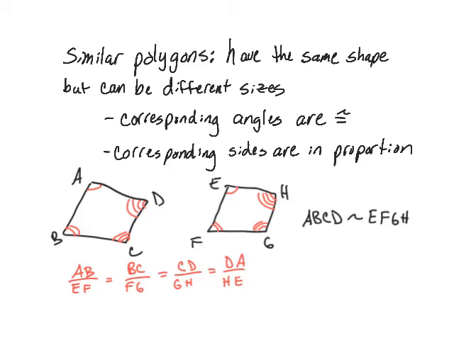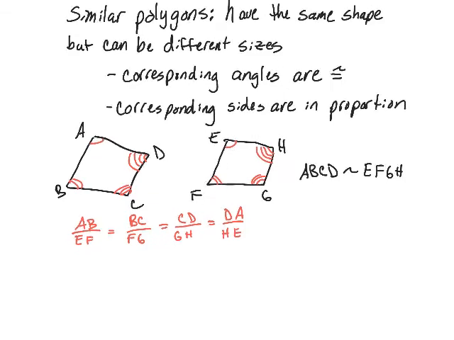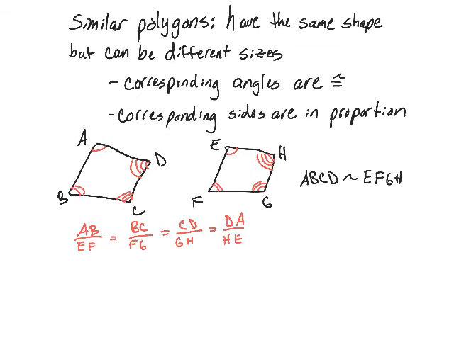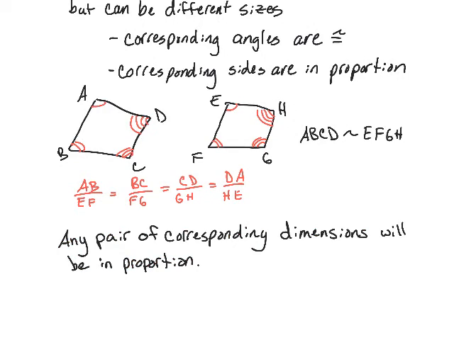Okay? Now with that, any pair of corresponding dimensions will also be in proportion. Let me see if I can scoot that up a little bit, and then we can write that. Okay, so I'll say it again. Any pair of corresponding dimensions will be in proportion. So, for example, if I just draw a segment connecting AB to AD, and I draw the same segment in the same general location, those two would also be in proportion.